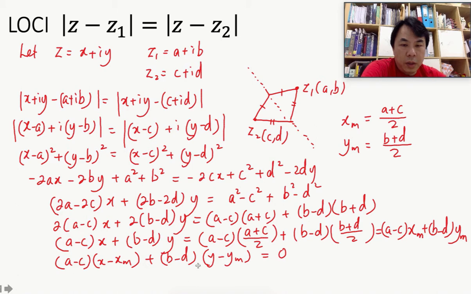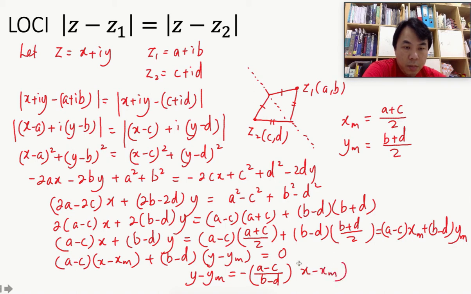At the end of the day, we can rearrange this as y minus ym is equal to negative a minus c divided by b minus d times x minus xm. Okay, and there is very useful information that we can obtain from this form here.